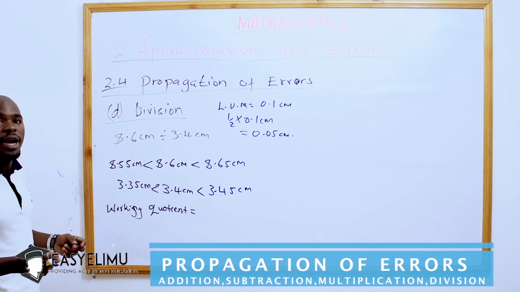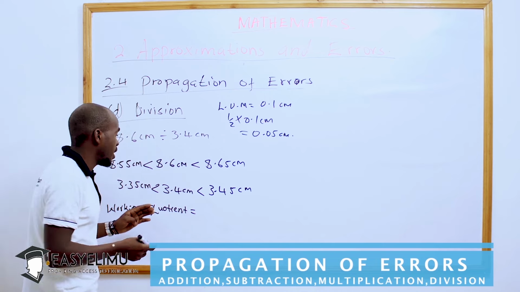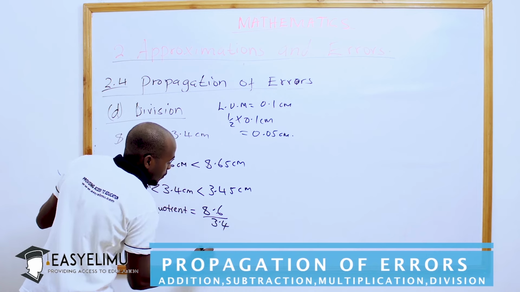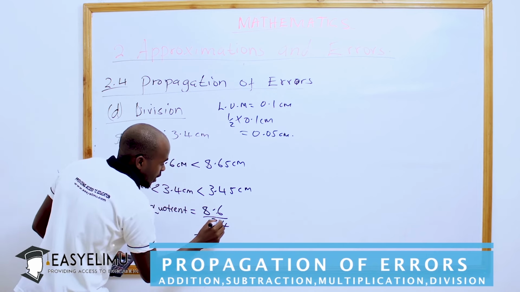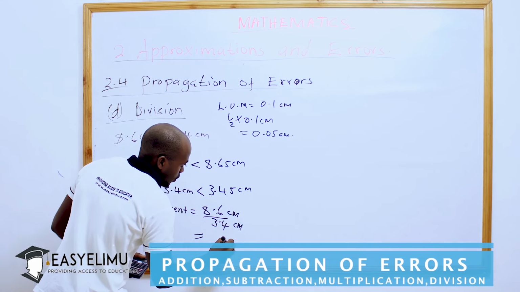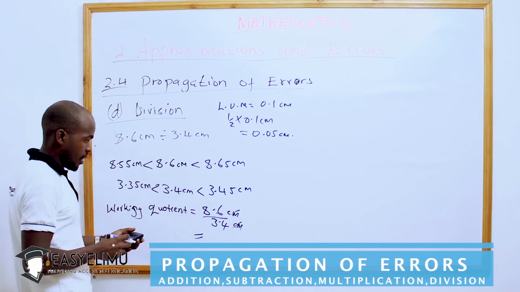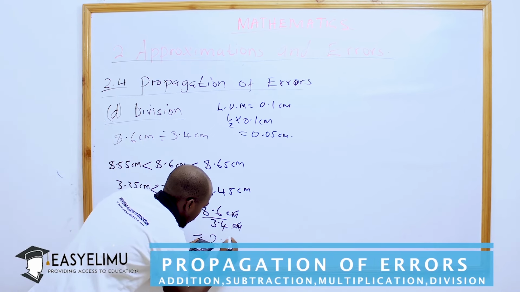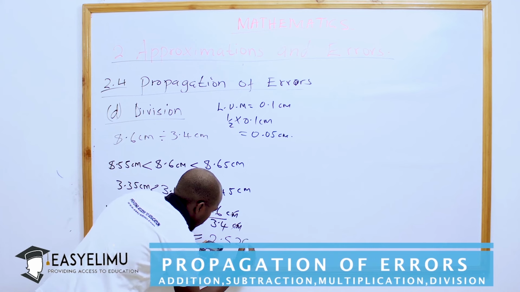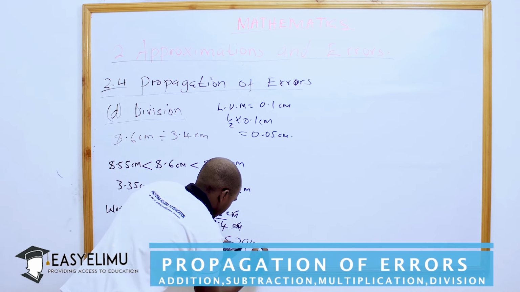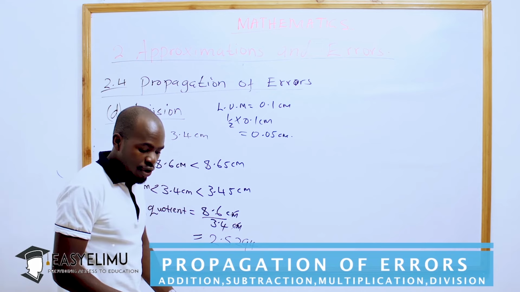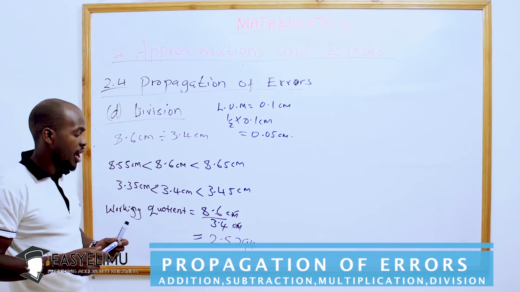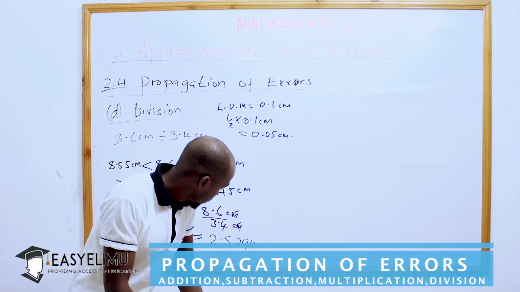Working quotient is obtained by taking the values which we were given, that is 8.6 divided by 3.4. The quotient of that is going to be 2.5294 to 5 significant figures.